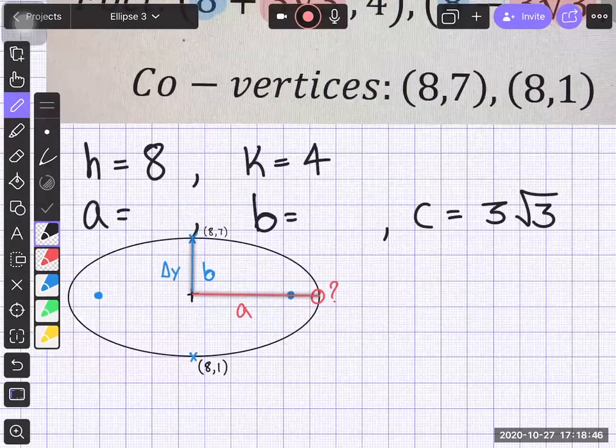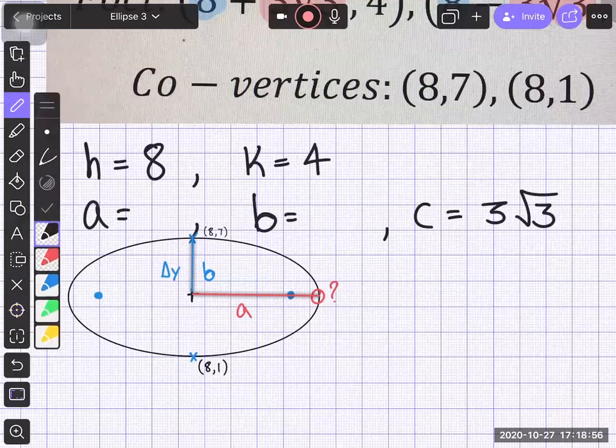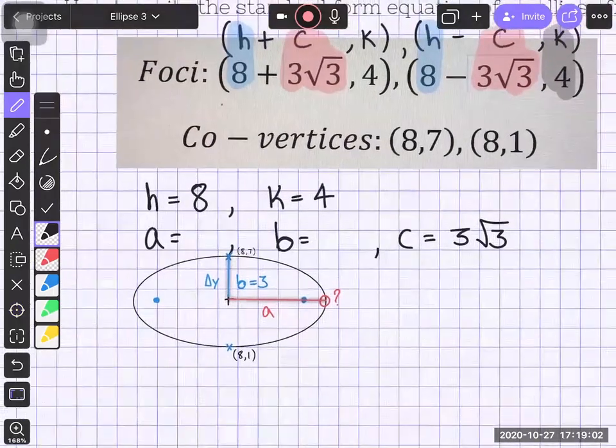We also have the coordinates for the center. We know that the vertical coordinate for the center, which is k, is 4. So the change in y will be 7 minus 4. That leaves us with b equals 3. There we go.